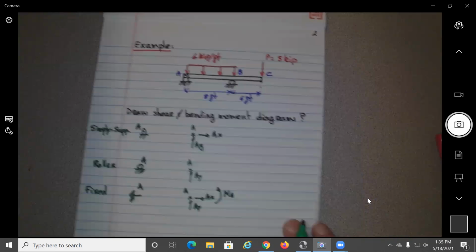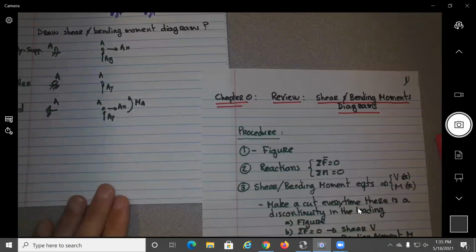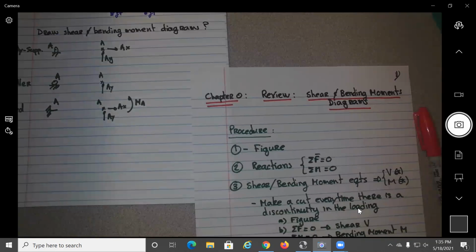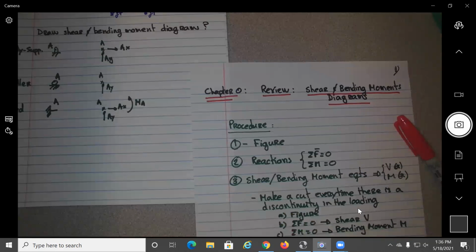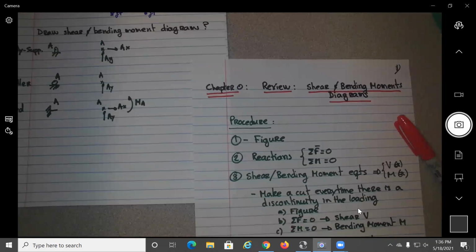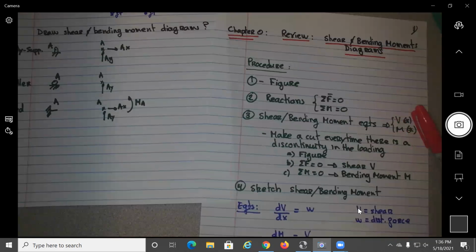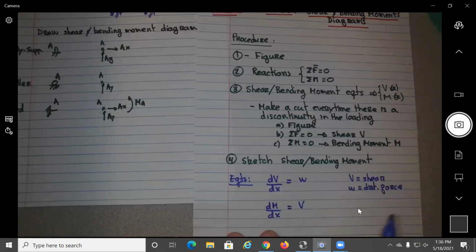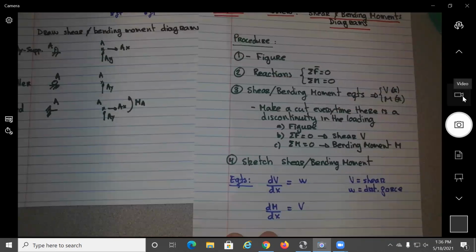All right, so let's go back to the first page that we had over here. Now we're ready to start. First thing we need to do is a figure, no? Oops, let me complete it now. It looks like I did not finish. I started here to say that V was the shear.